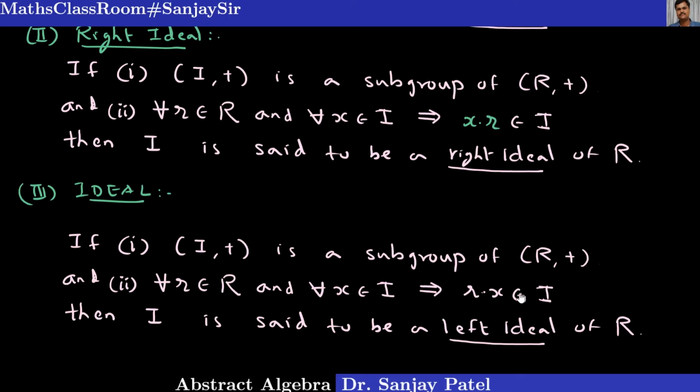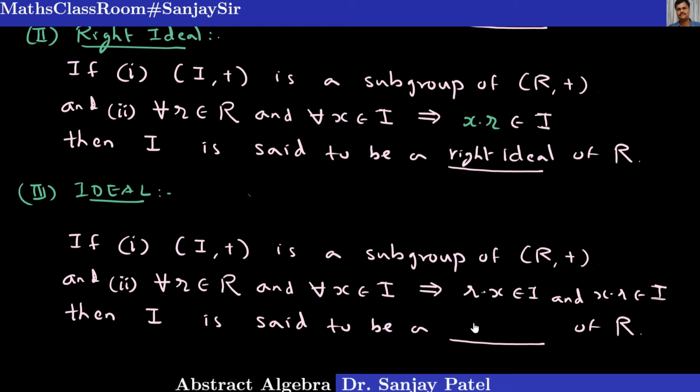So first thing I want is this. Okay, so for a set I, if I plus is a subgroup of R and for every r belongs to R and every x belongs to I, we have r x belongs to I and x into r also belongs to I. So the second condition of both the definitions 1 and 2 must be satisfied.